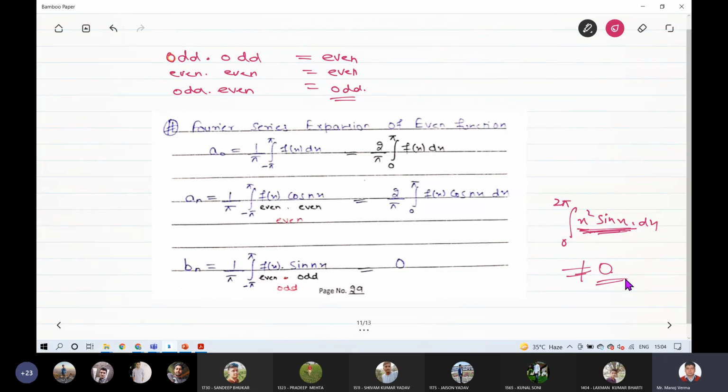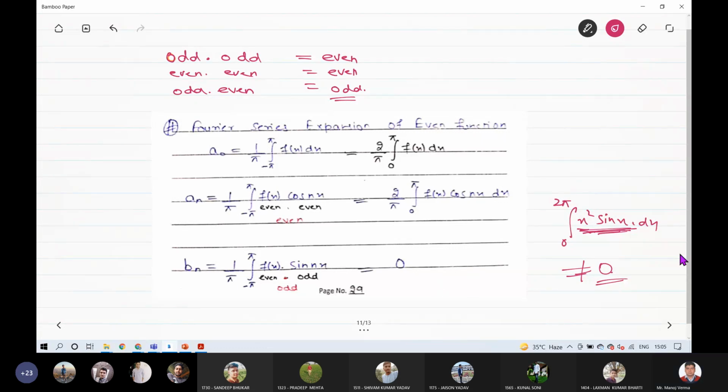If they are asking the limits from 0 to 2 pi, then it must be something else. Either they want to evaluate the Fourier series coefficients on a discontinuous function, or some other half range series, and that we will discuss later. But remember, for application of these simplifications, the limits have to be minus pi to pi.